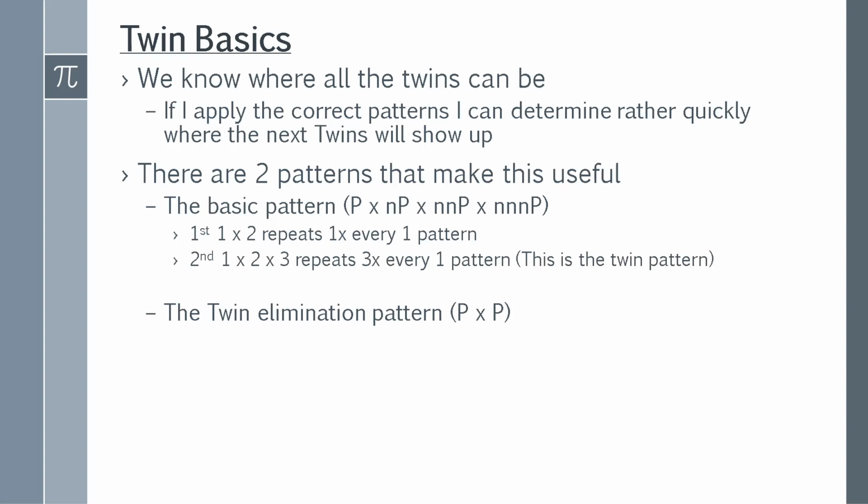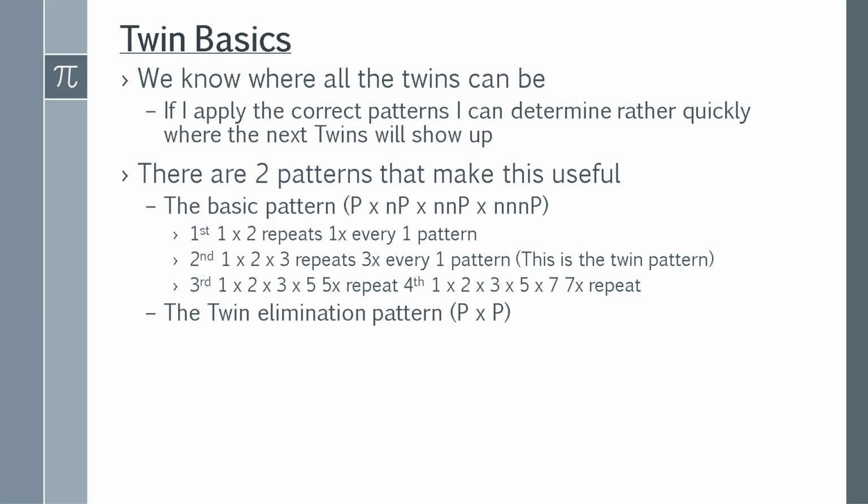The next one is 1 times 2 times 3. The first pattern repeats 3 times, and this pattern creates the twin pattern. The next one is 1 times 2 times 3 times 5, which repeats 5 times.